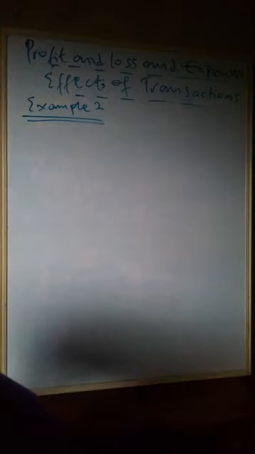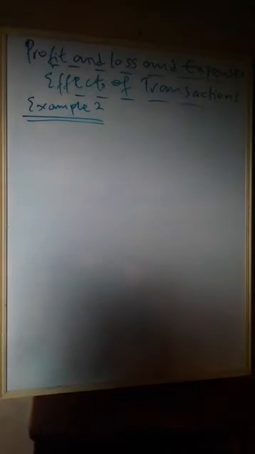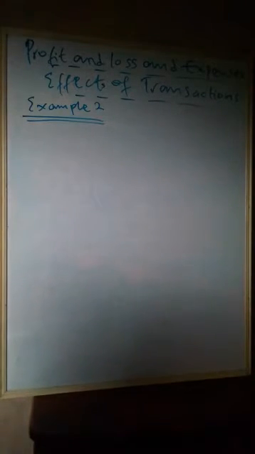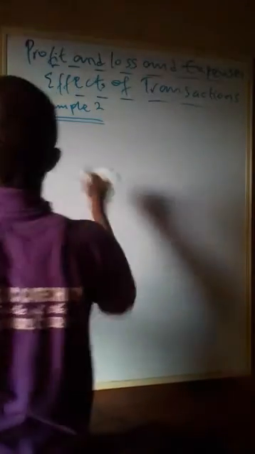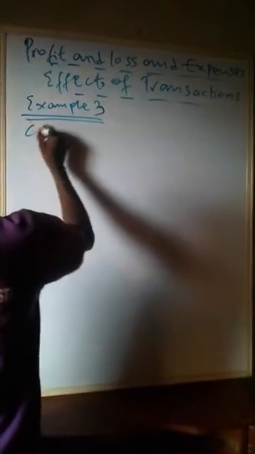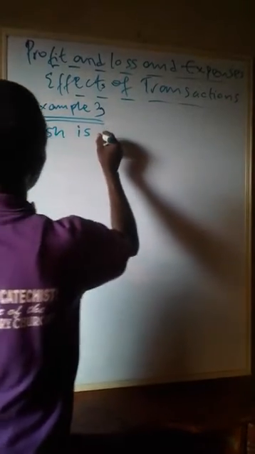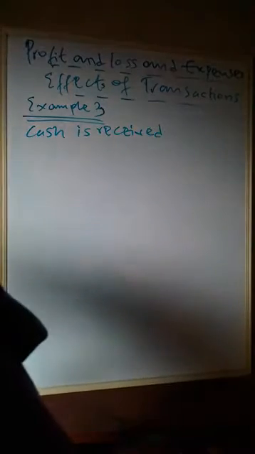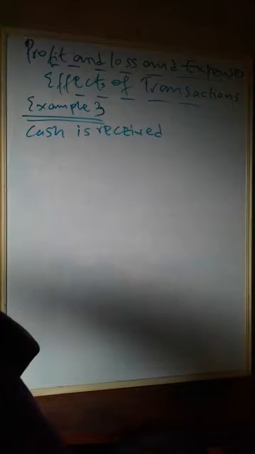Okay. Next. Example 3: cash is received for commission earned.